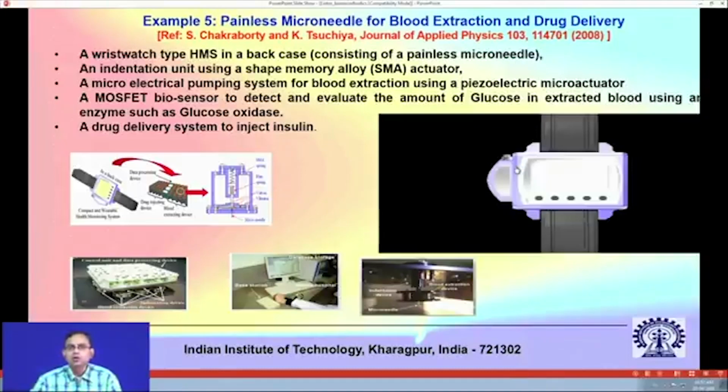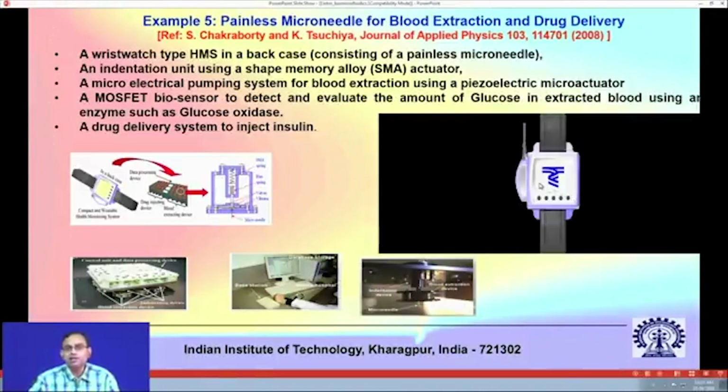This work was done in collaboration with Professor Suchiya from Tokai University located in Kanagawa in Japan. So the whole objective of this was to design a microneedle for diabetes management. Diabetes management was considered to be a case study, but it could be applied to any situation. So, look at the device.